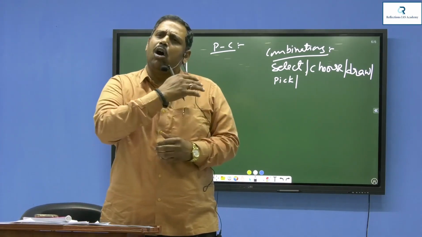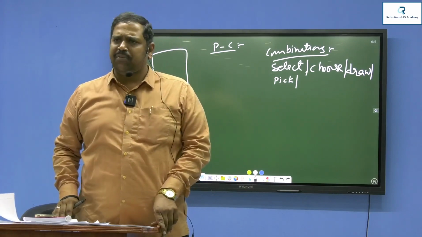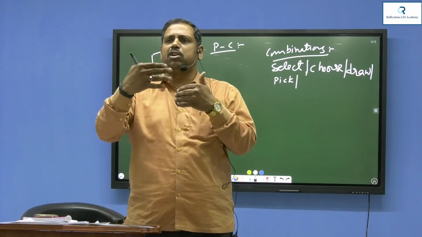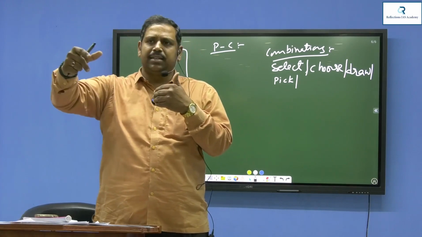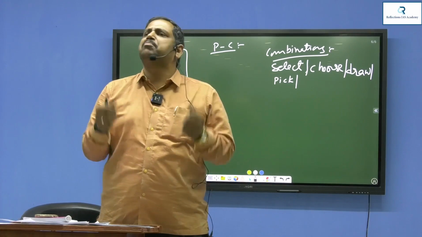Suppose I selected all batsmen, they will say this is a waste combination. If I have taken a perfect combination of batsmen, bowlers, all-rounders and wicket keepers, they will say this is a perfect team.